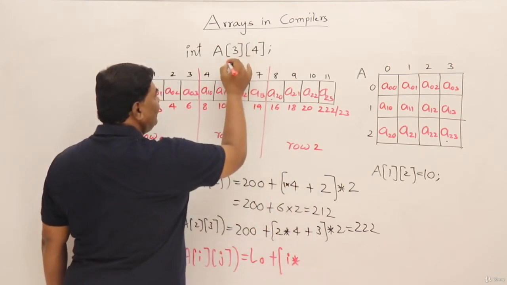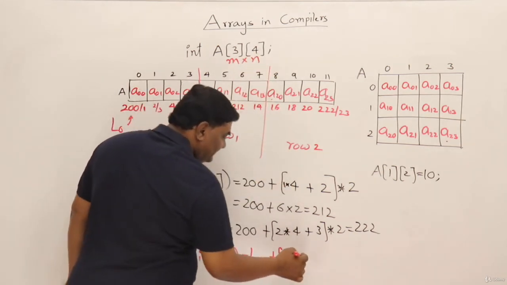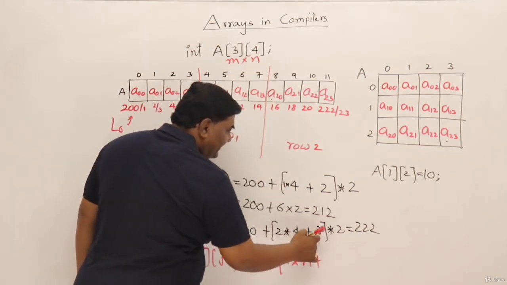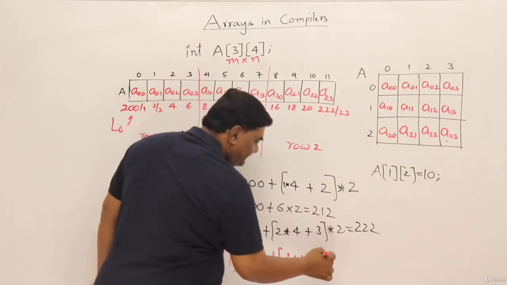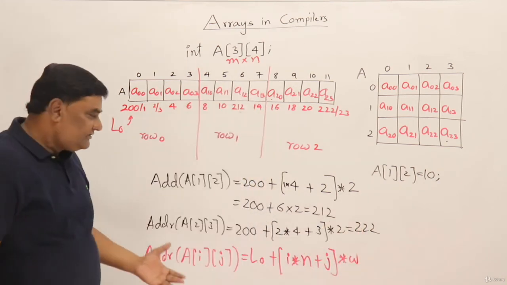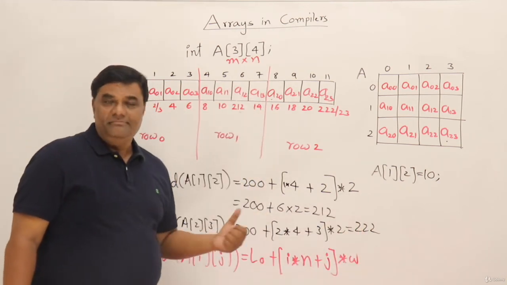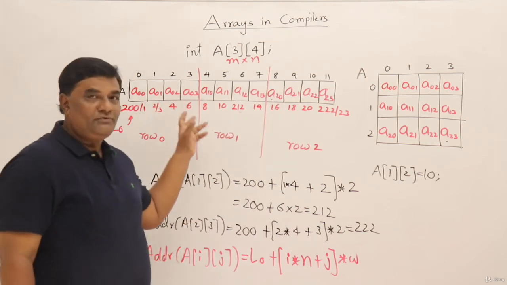Let us call the array M cross N, so this is N. Plus this one is the third element, that is j. And this whole thing is multiplied by W. So this is the row major formula used by compilers for obtaining the address of elements of a two-dimensional array.